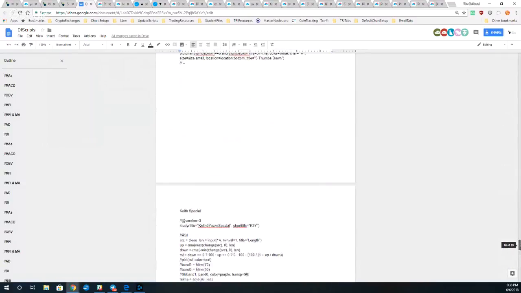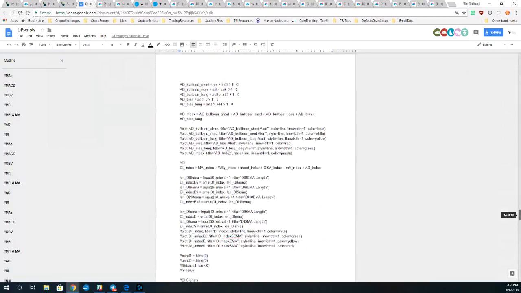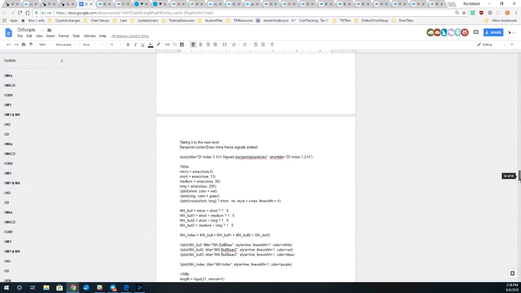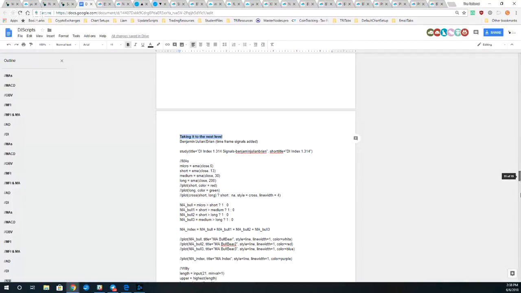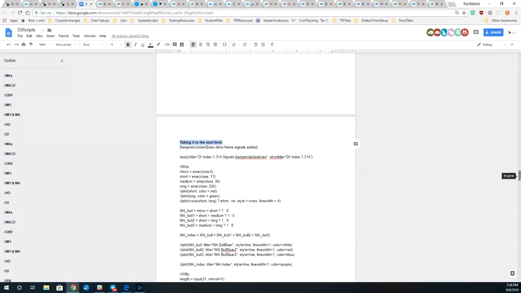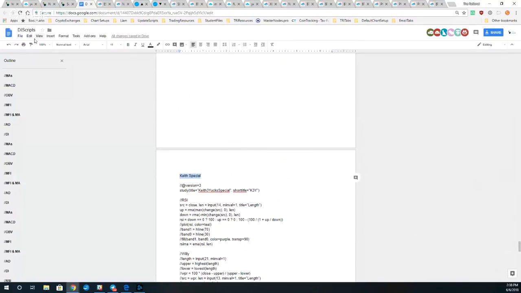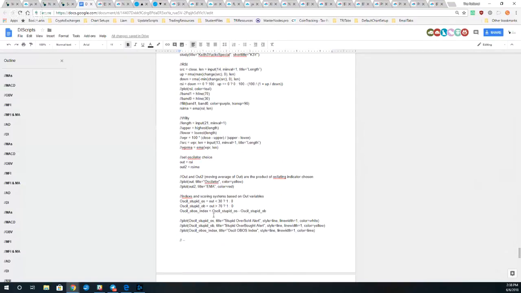And really, at this point, I don't like even talking about using scripts with the level oneers. I don't want them thinking this. I want them to be actually building the setups in their brains: location, divergence, structure, go, right? But at the same time, I think it's important to acknowledge that a very big part of the trading community loves algos, and how do you build algos to give you signals.